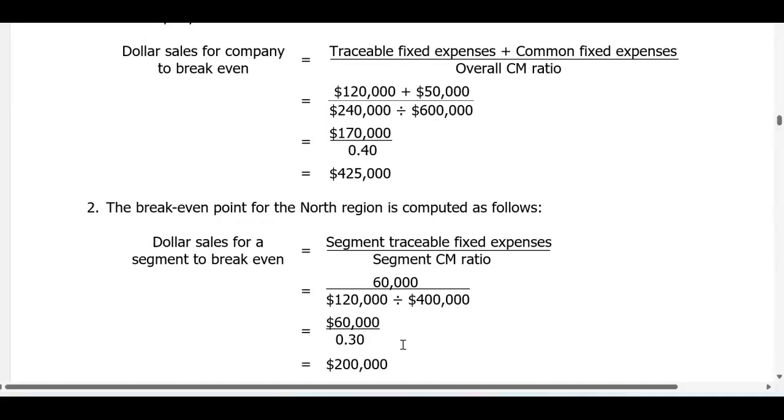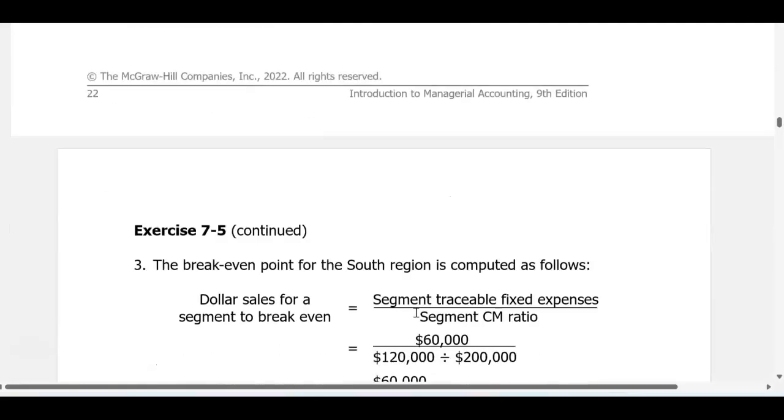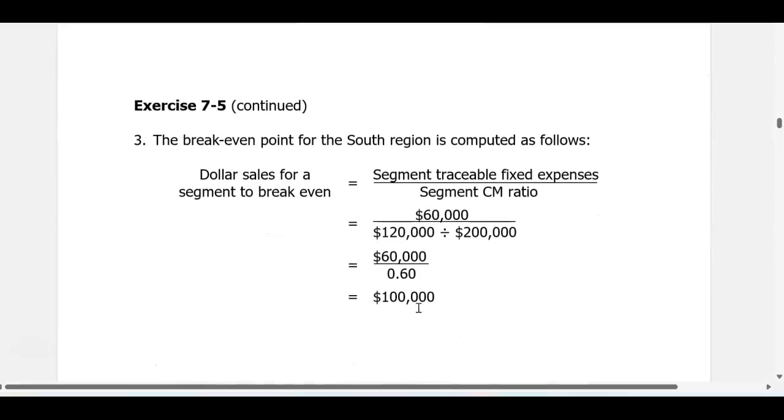Make sense? My formula provides a very comprehensive tool so you can apply it to every single calculation here. Now let's do the same thing for South.